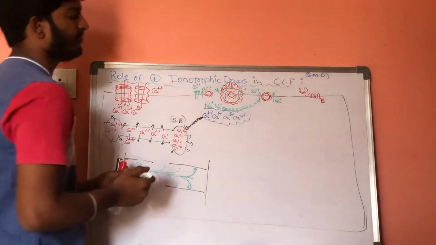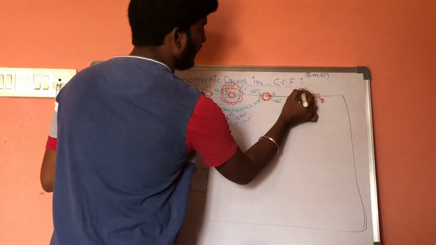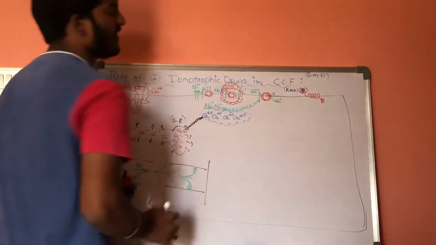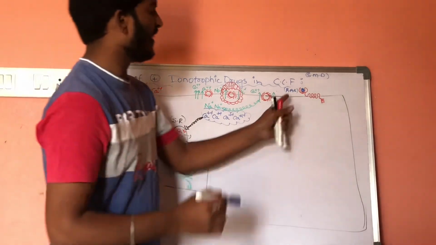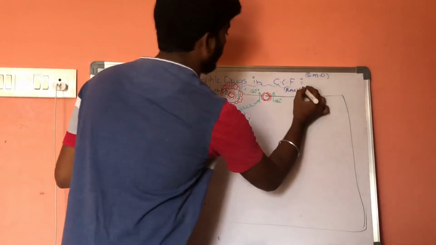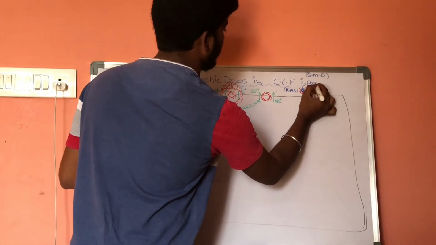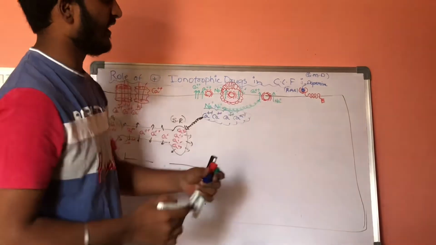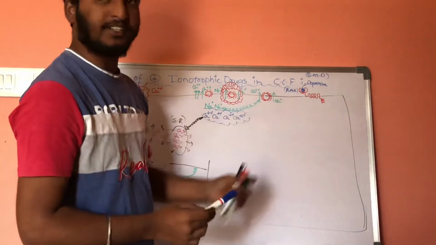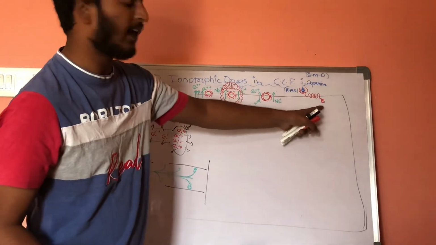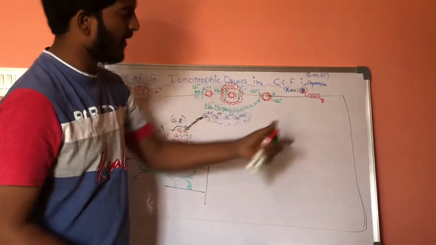Let us consider this is the beta-1 adrenergic receptor, which is present on the heart. Dopamine or dobutamine will get attached here. This is the external domain and this is the internal domain. The internal domain will get activated.